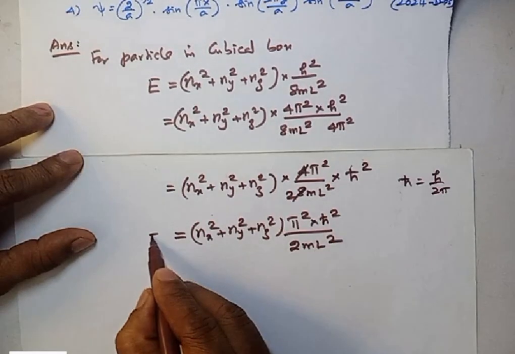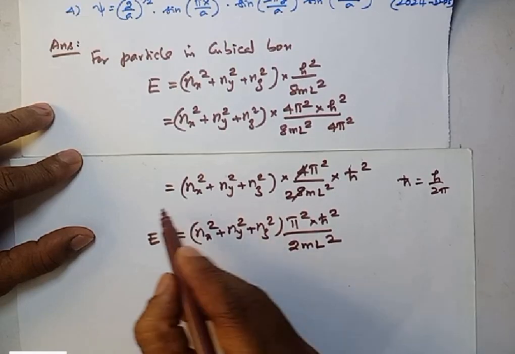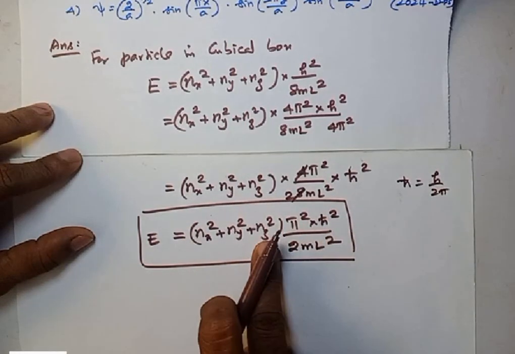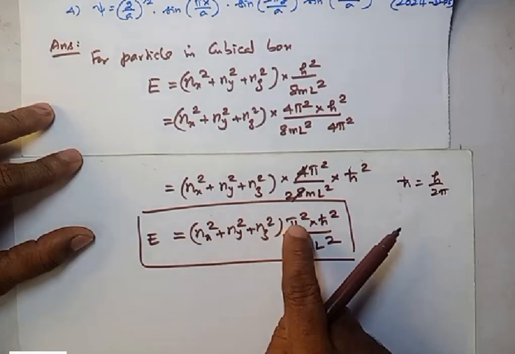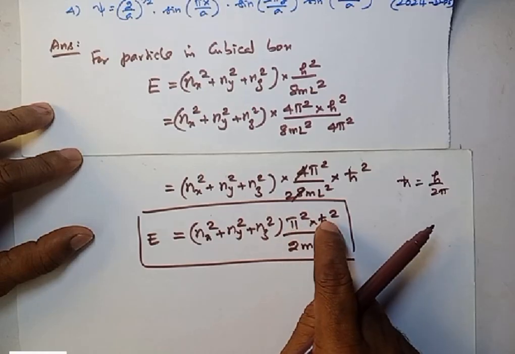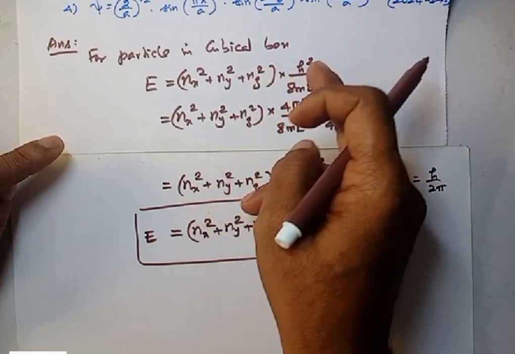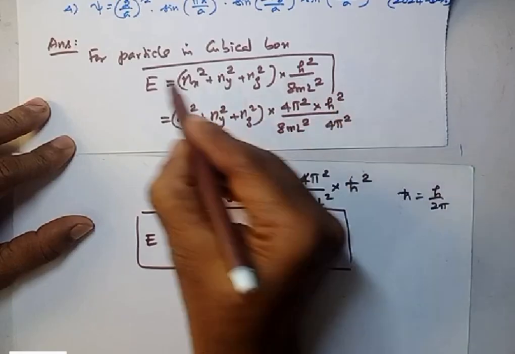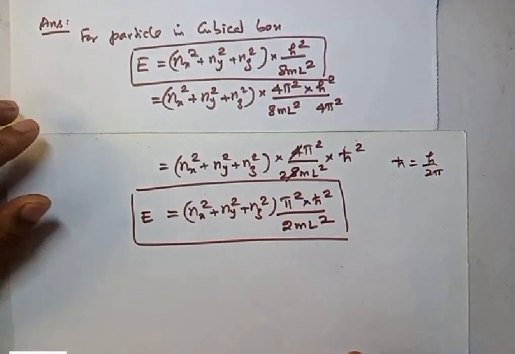Yes, this also can be given. This type of formula also can be given, so do remember this formula also. If the energy formula has pi and h cross, you should know that this formula is changed a little bit. This is how we write in chemistry, but physics people normally prefer this.